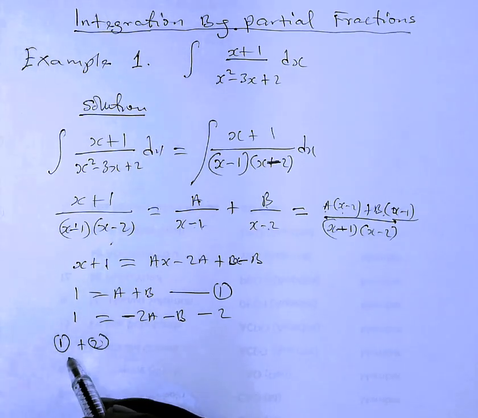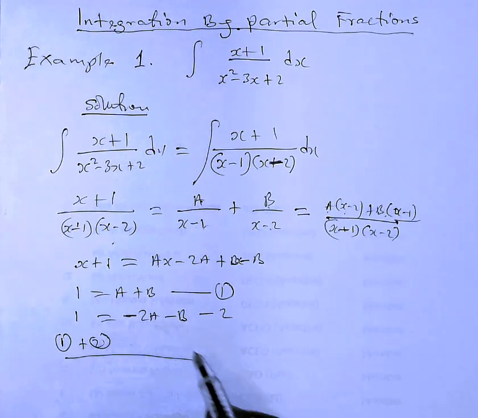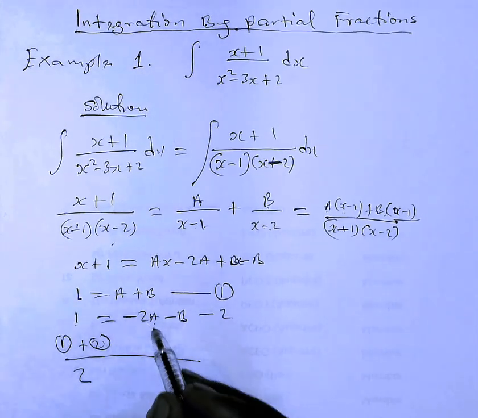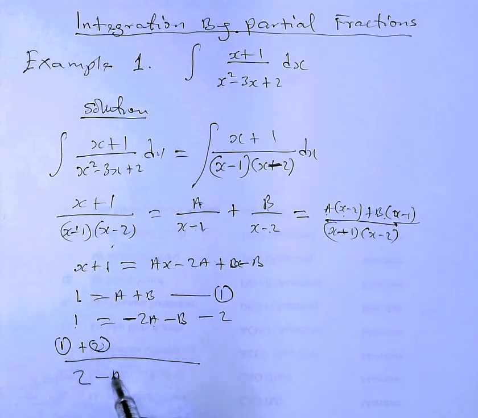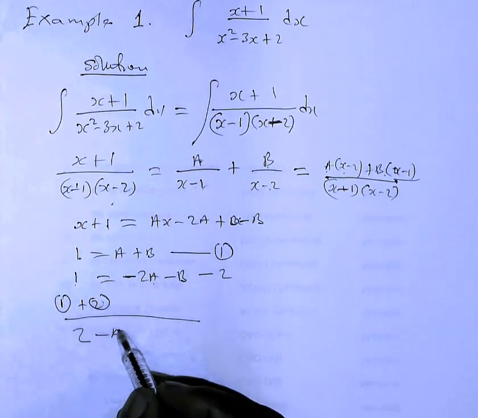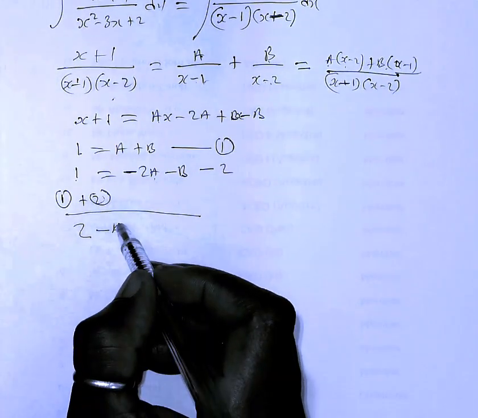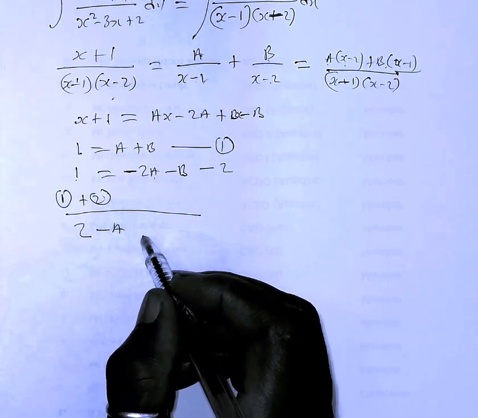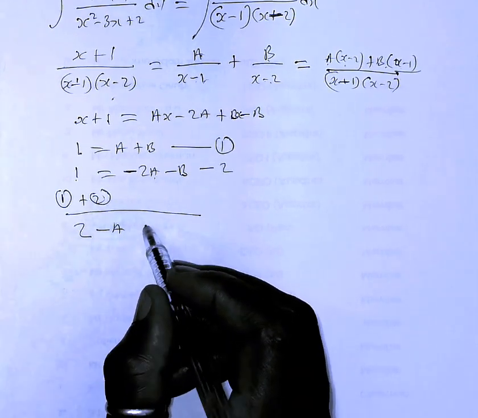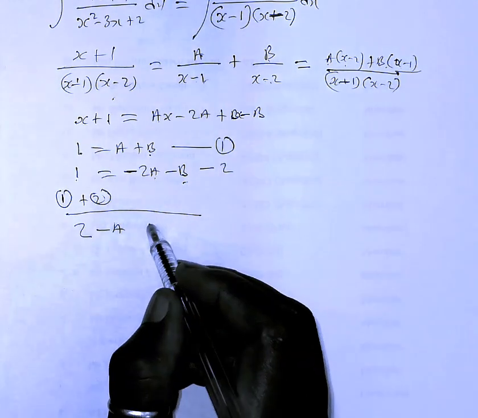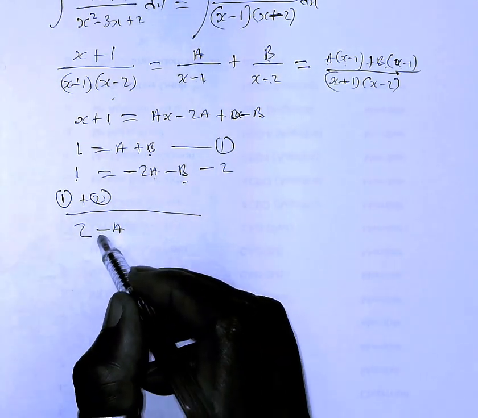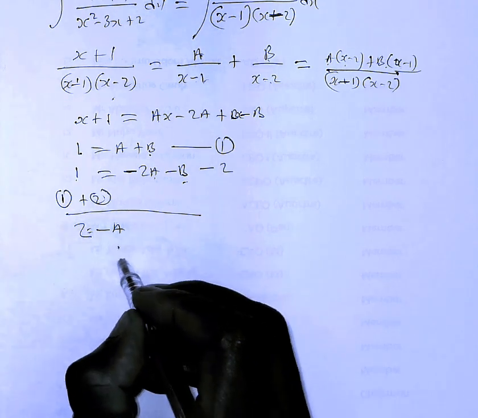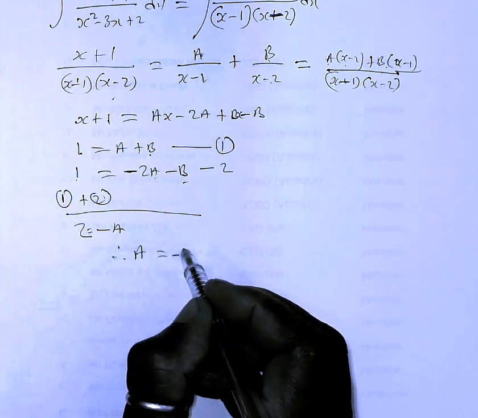When you add, 1 plus 1 gives us 2, A plus minus 2A gives us minus A, and B plus minus B is 0. So 2 is equal to minus A, therefore A is equal to minus 2.